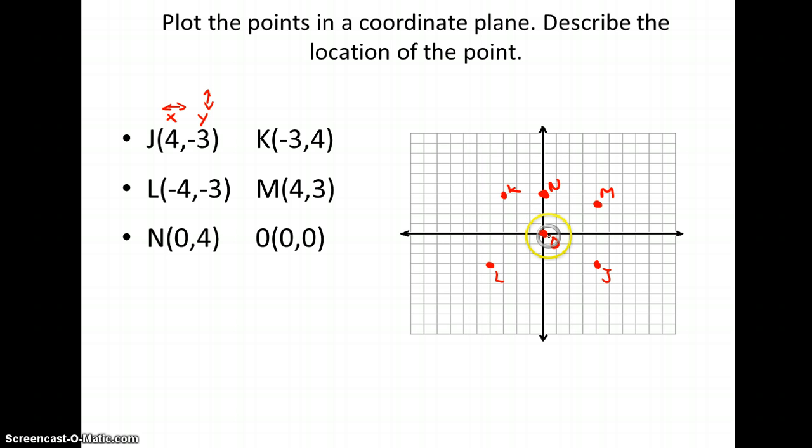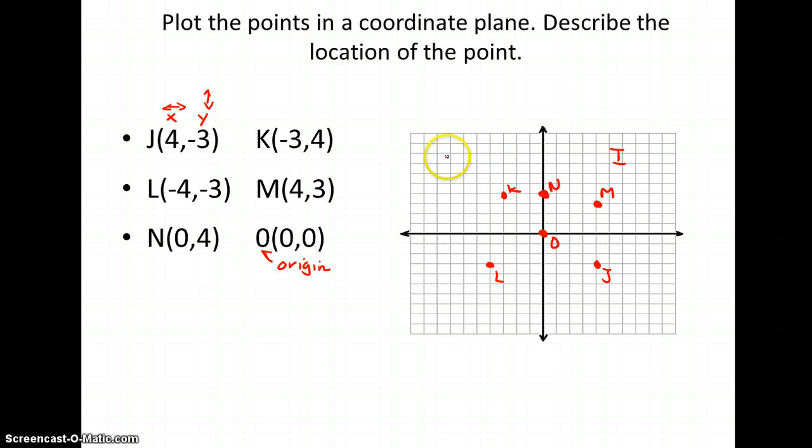Note, this location is known as the origin. Did you remember to describe the location of each point? To do that, refer to the quadrant that the point is in. Remembering that quadrants are numbered using Roman numerals.